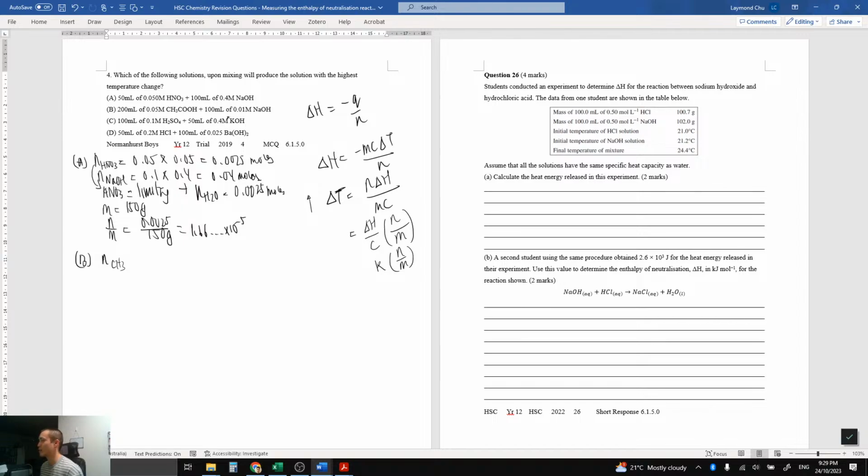Okay, so the moles of acetic acid, 0.2 times 0.05, which is... Okay, I'm going to use the calculator for this one. By any chance, if anybody has any mathematical concerns about their papers, don't be too confident about it. Feel free to use your calculator that you should be bringing into the exam.